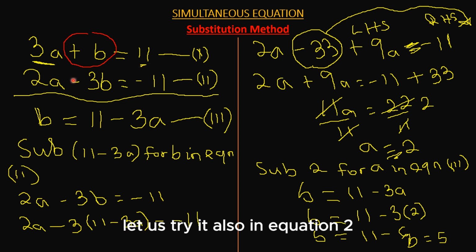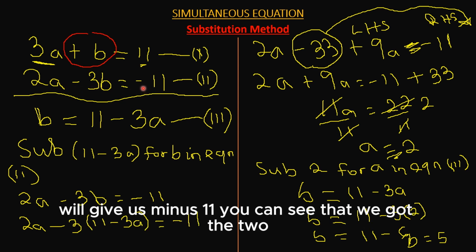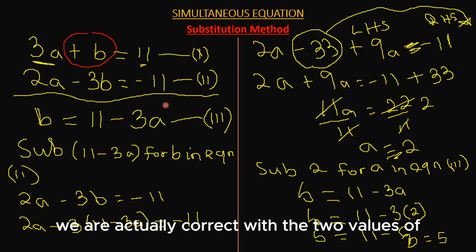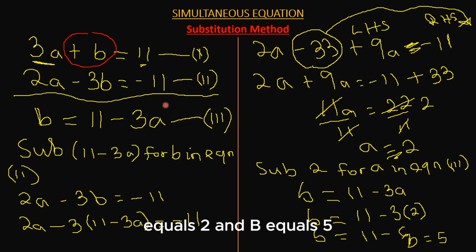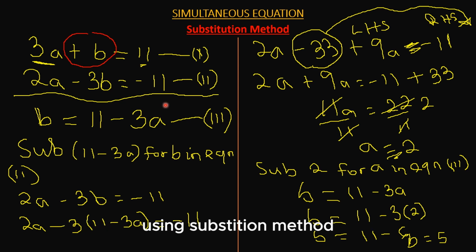Let us try it also in equation 2. 2a, that's 2 times 2, which is 4, minus 3 times 5. 3 times 5 is 15, that's minus 15. So 4 minus 15 will give us minus 11. You can see that we got the two answers. So that shows that we are actually correct with the two values that we got. The value a equals 2 and b equals 5. So that is how to solve simultaneous equation using substitution method.